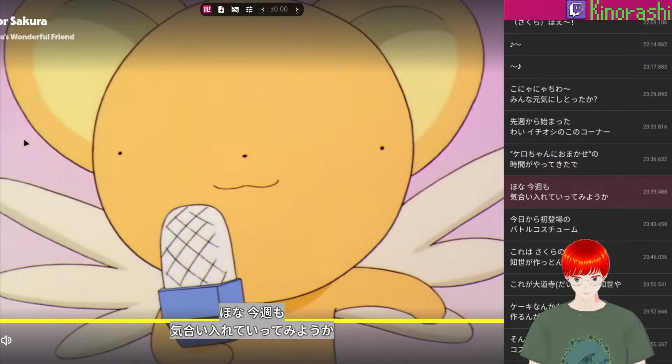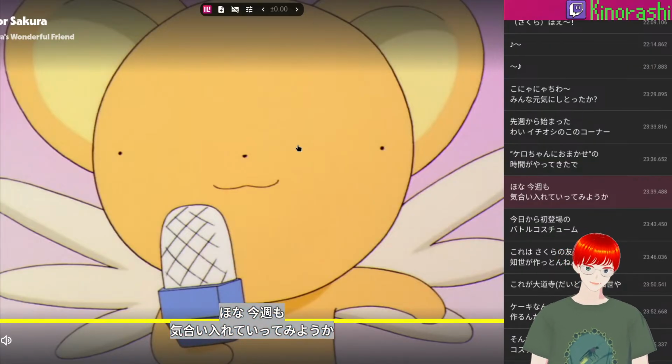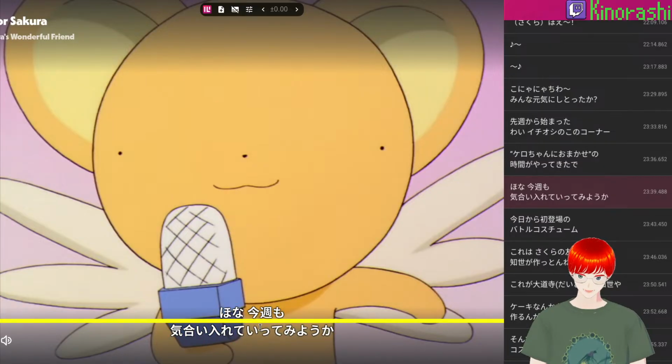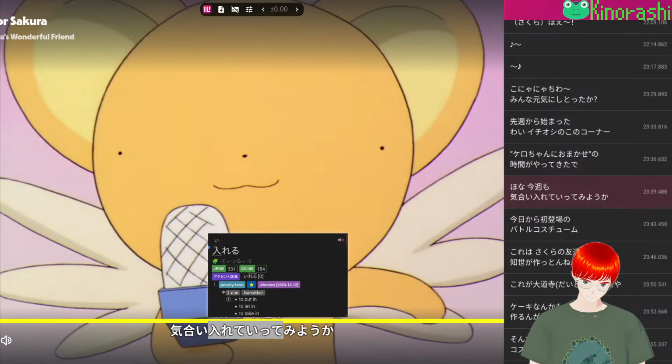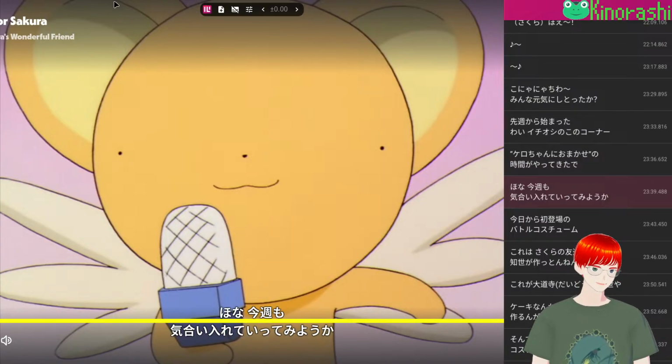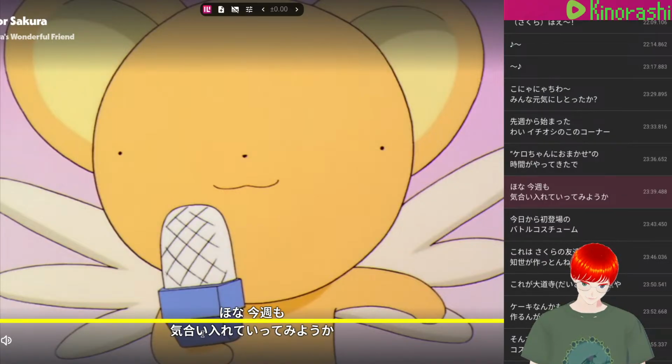So in other words, whereas they simplified it, let's give it our all, shall we? Hona, konshu mo kiai, ireru. What type of word is that? Transitive. Yeah, because kiai is the object, even though it looks like they dropped the wo particle, I guess because it's obvious. So hona konshu mo kiai irete ikimiyo ka?